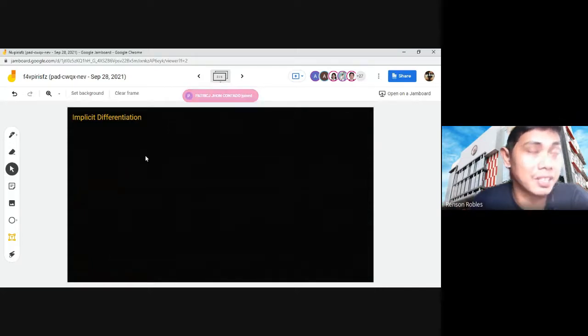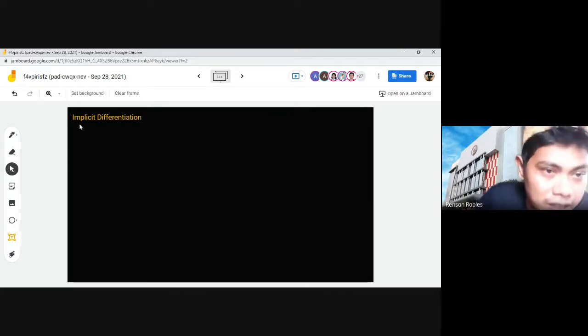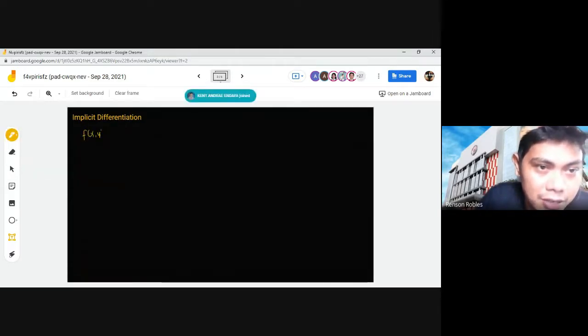Implicit differentiation is the process of finding the derivative of an implicit function. A function written in the form f of x, y equals 0 is what you call an implicit function.